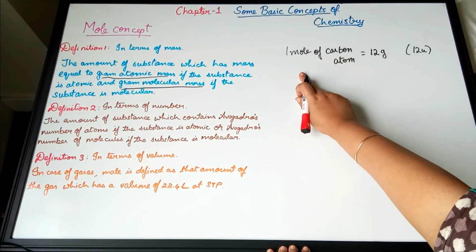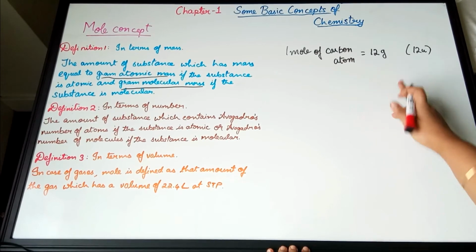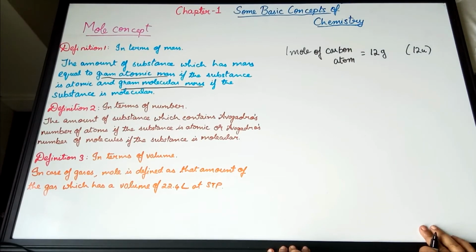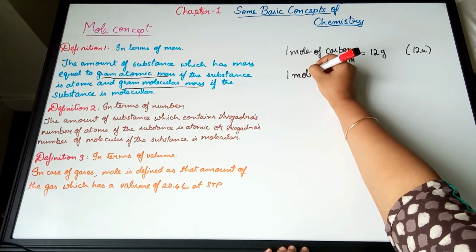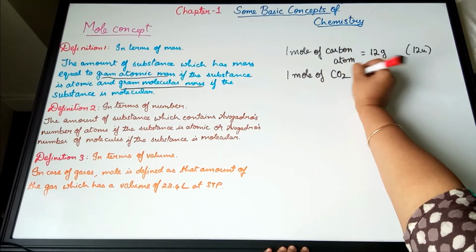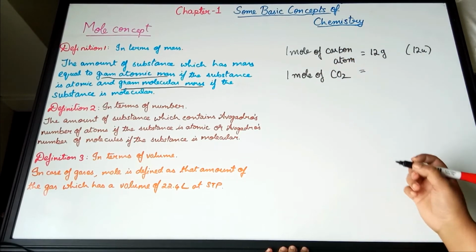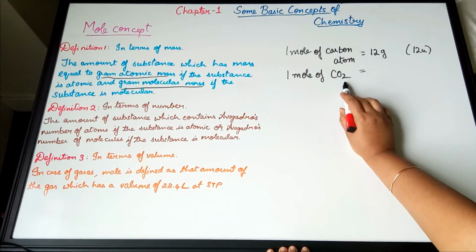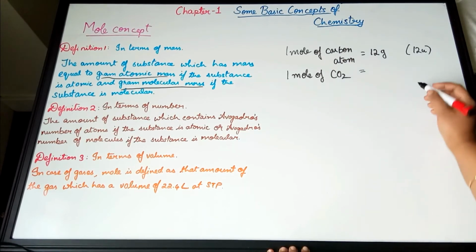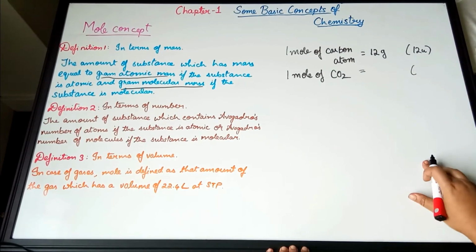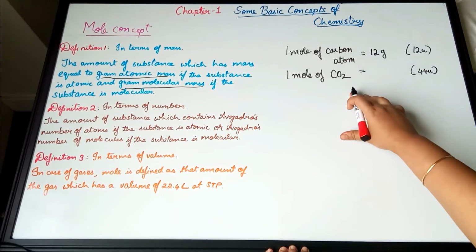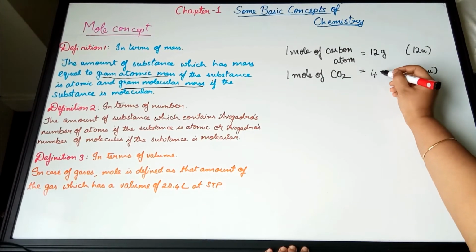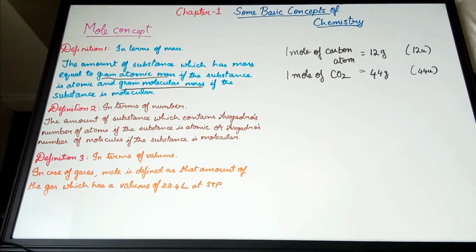So 1 mole of carbon atoms is equal to 12 grams, whereas 1 mole of carbon dioxide molecules will be equal to, this carbon is 12, oxygen is 16, 2 times 16 plus 12, their molecular mass is equal to 44 U, which means 1 mole of carbon dioxide will be equal to 44 grams.